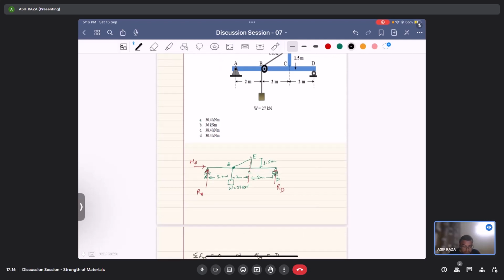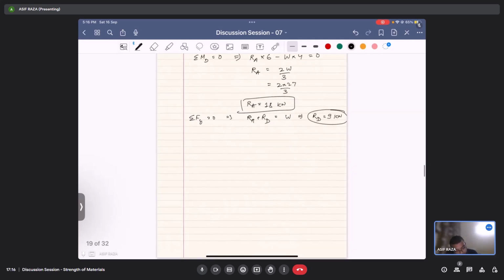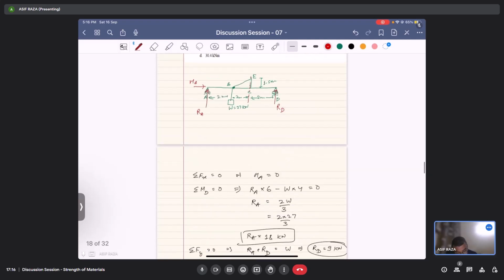Now the thing which we need to see is this tension part, for which the reactions would be developing if I take this as a system now. So in the free body now we have the reaction RA, that is 18 kilonewton here.